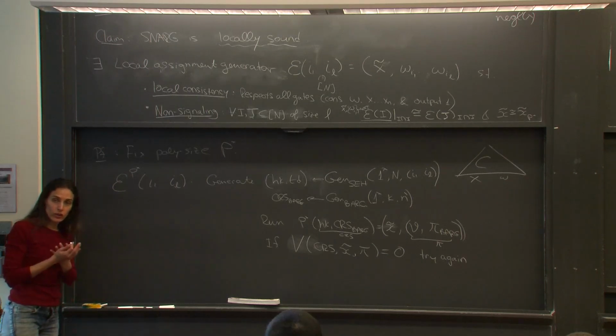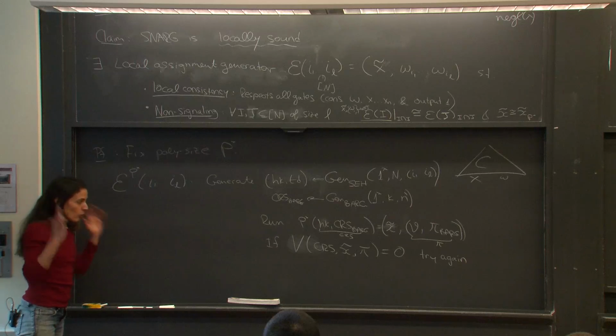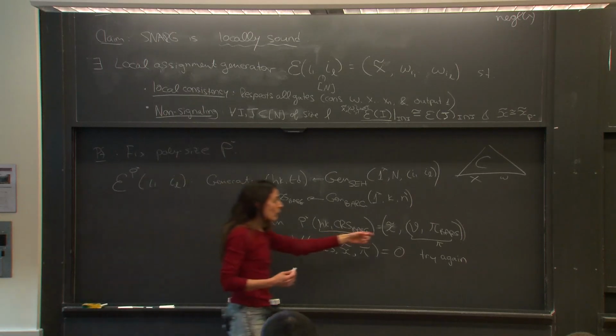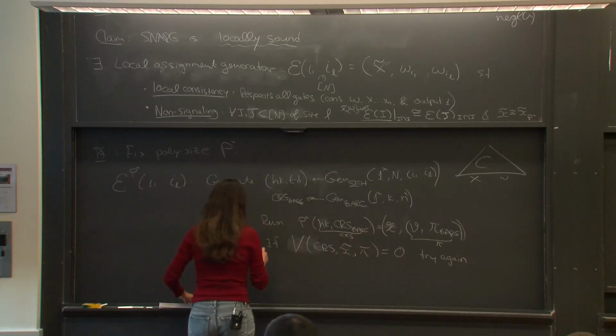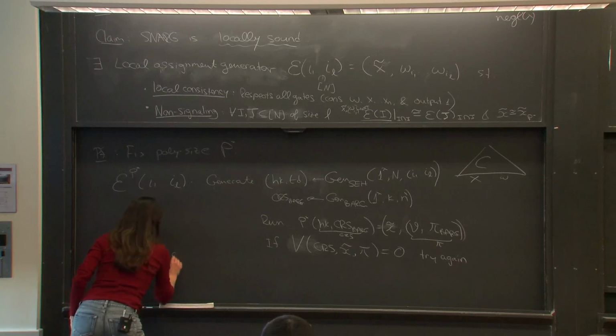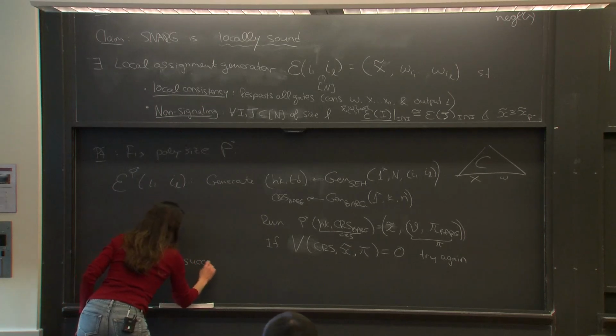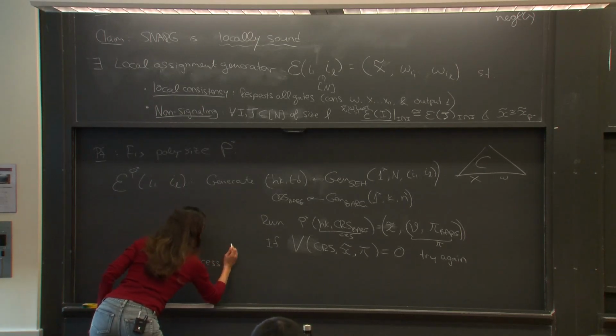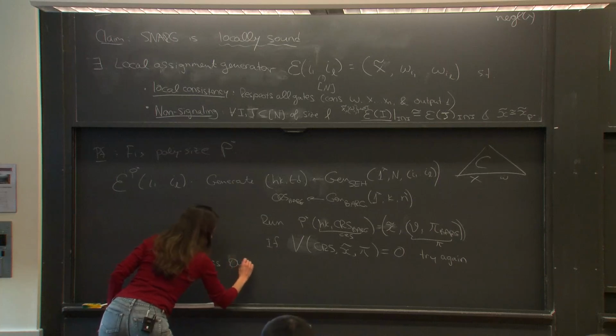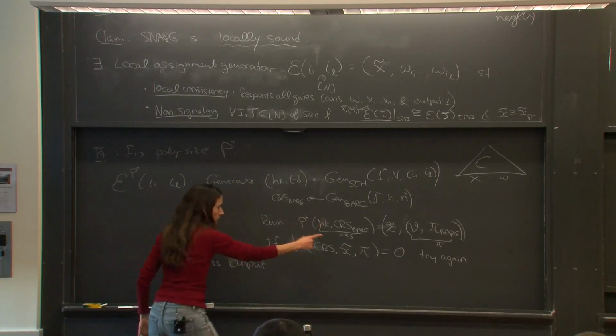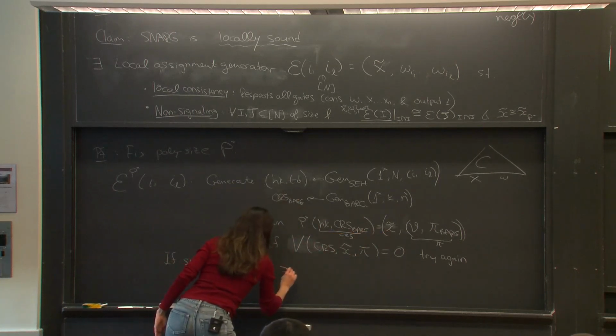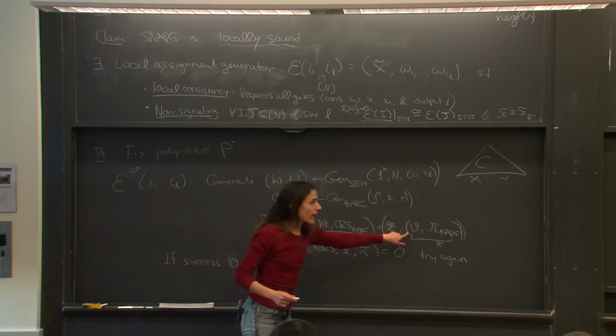Once you get something good, you're happy. Then, if success, you output the x tilde, and what wire values?